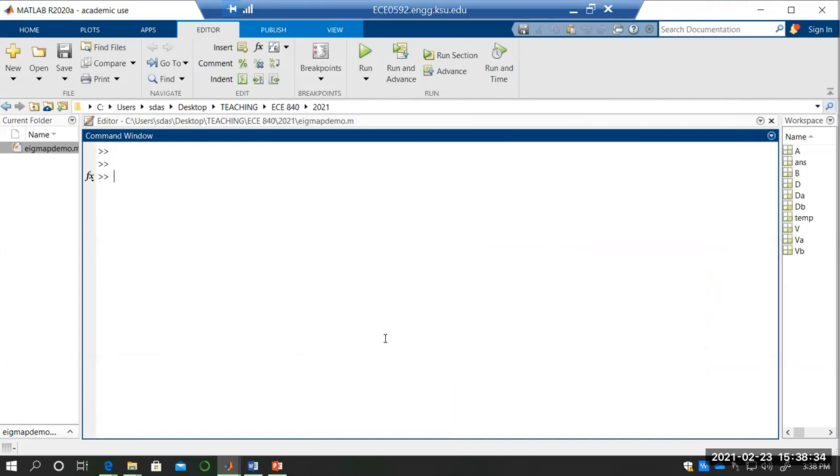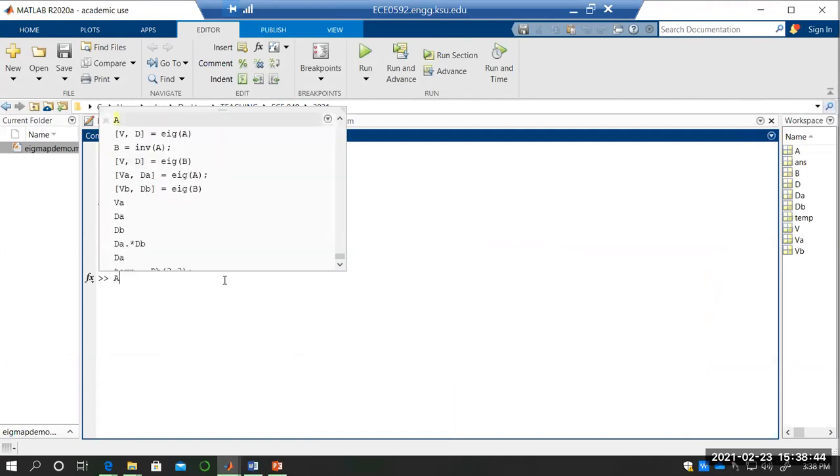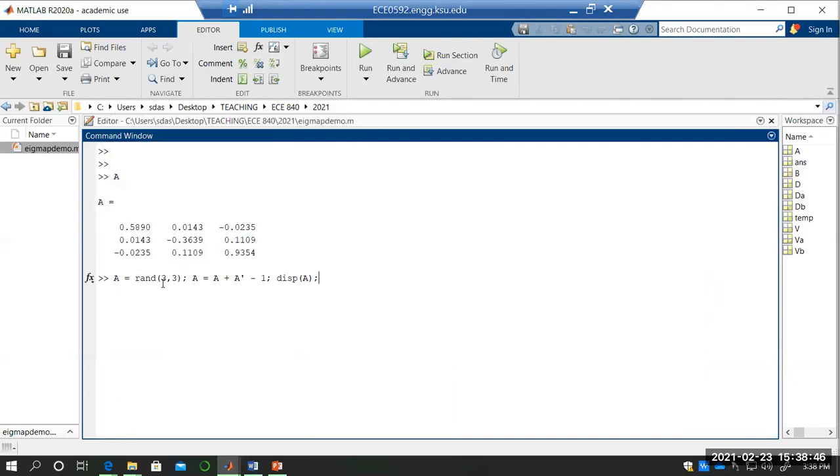Okay. Now, this is my matrix A. And all I did was this. How I generated A was simply I took a random matrix, and then in order to make it symmetric, I added A transpose to it, and then I subtracted 1 from it so that the coefficients lie between plus minus 1.